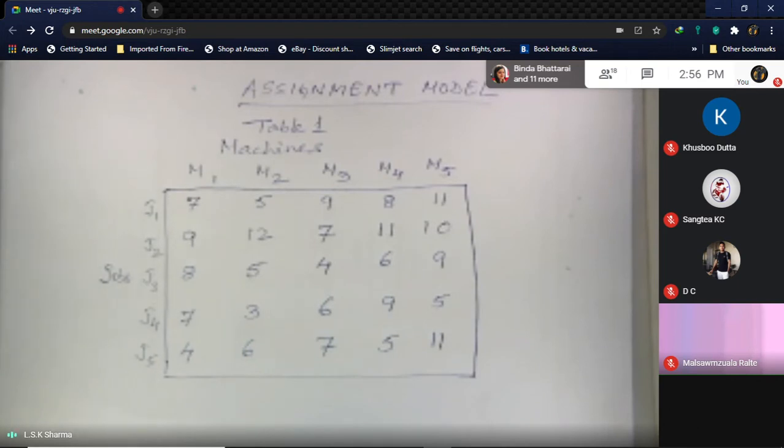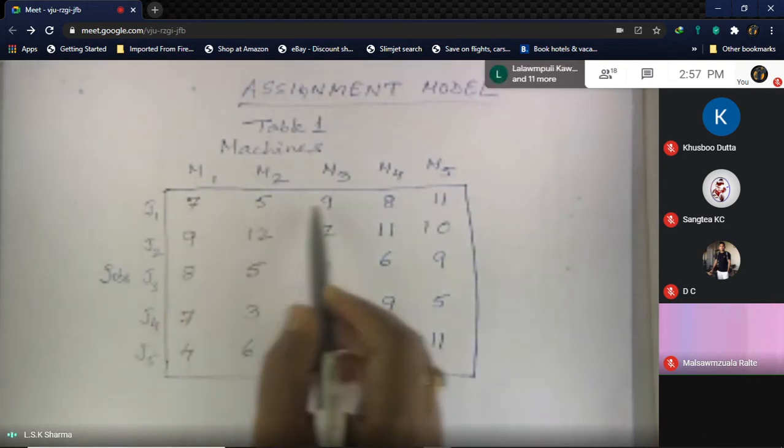In the first step, it says, in the given matrix, subtract the smallest element in each row from every element in the row. So first identify the smallest element in the first row.